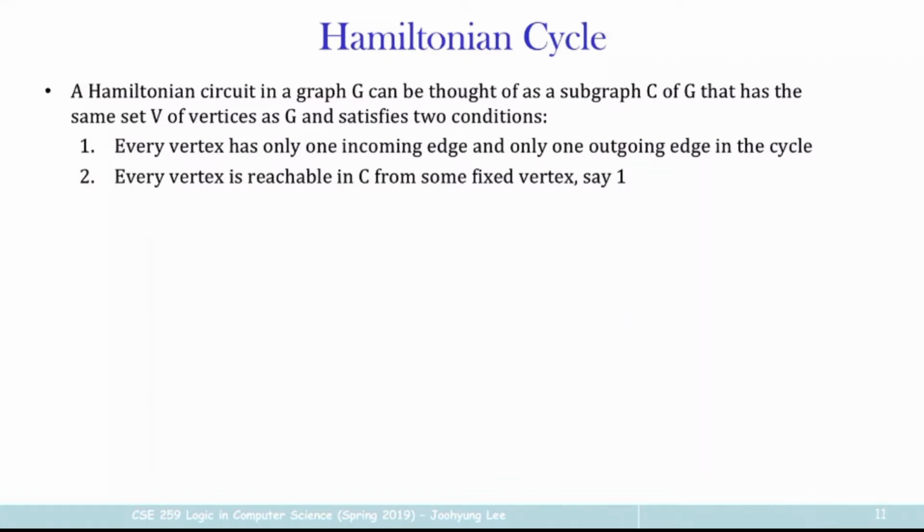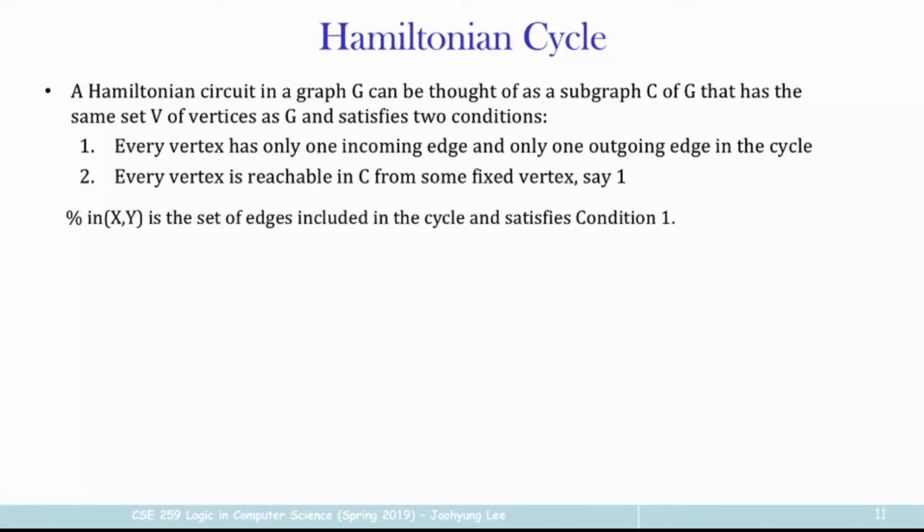So we are going to turn this English description into the language of Clingo. The first thing we want to say is that in(X,Y) is the set of edges included in the cycle, and we want to say that this satisfies condition 1. Similar to the previous example, the in predicate is used to choose some possibilities.